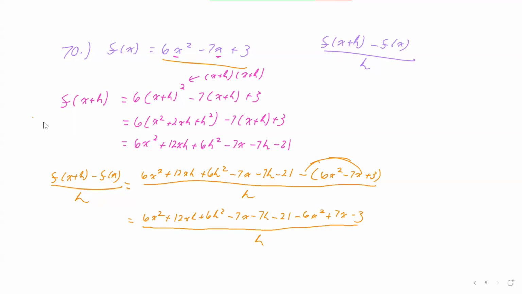Now, when I combine like terms here, I'll notice that the 6x squared cancels. I'll notice that the 7x cancels. I think that's just about it. So now I'm going to, and I'm missing something, I feel like.